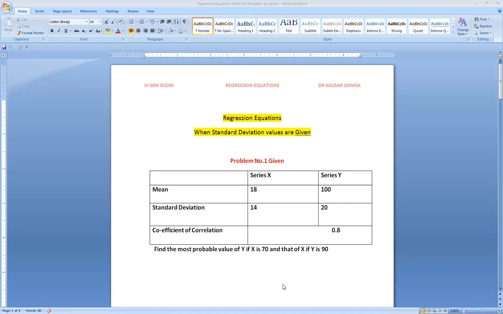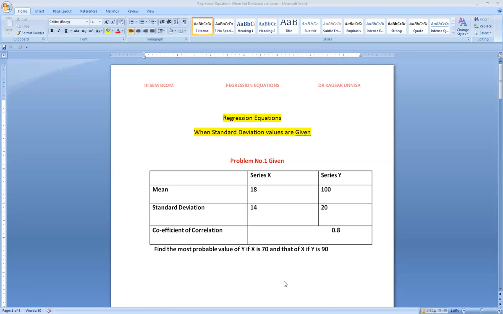We know the regression equations. x on y is x minus x bar equals bxy into y minus y bar. That is one equation, and the second form of equation, y on x, is y minus y bar equals byx into x minus x bar. Only the regression coefficients are going to differ here.